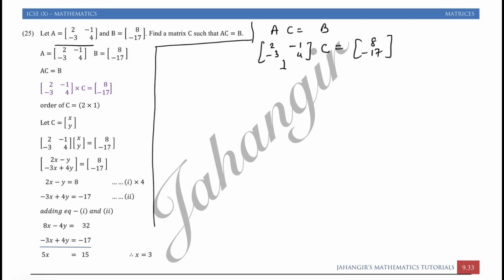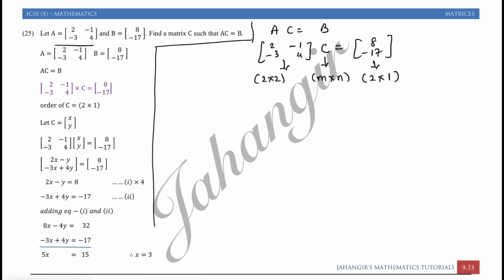So here let's decide the order first, because when we have an unknown matrix, we first have to decide its order. So here the order of this matrix is 2 by 2. The order of C I don't know, that can be written as m into n, and the order of the answer is 2 by 1, that is 2 rows and 1 column.